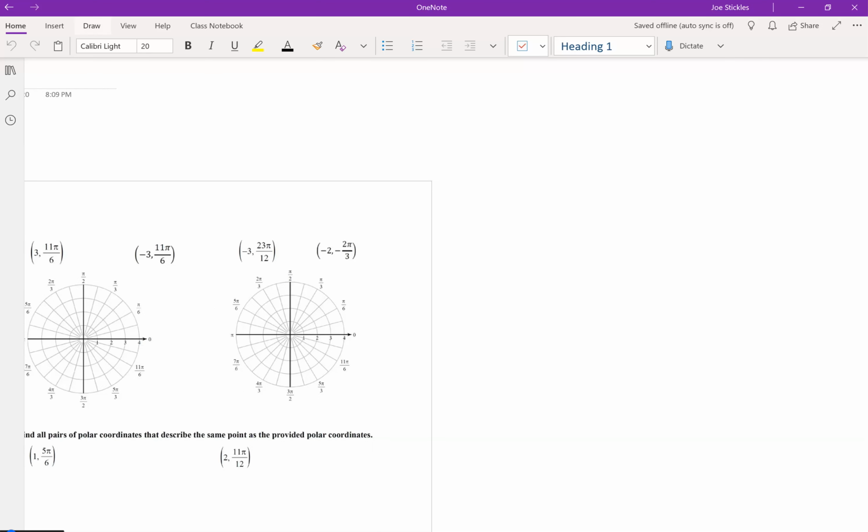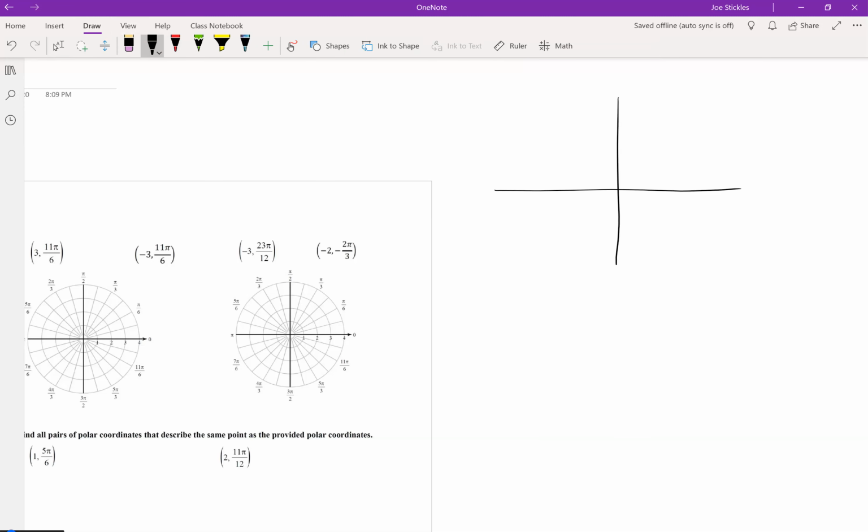So let's say we have xy coordinates. If I have a point in the plane, we usually think about xy coordinates for that point. And that, of course, means how far in the x direction did you go? So this distance from the y-axis out to this point, horizontally, is x.